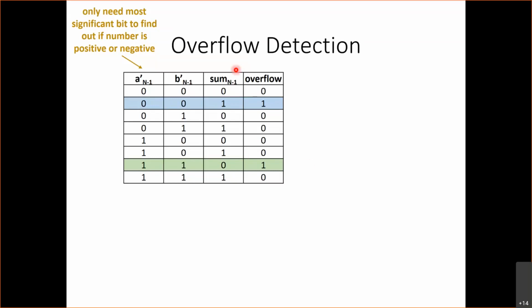Okay, so now that I have this truth table that tells me when I have overflow, I can build a circuit that detects overflow. So what's the logic equation going to be for detecting overflow?